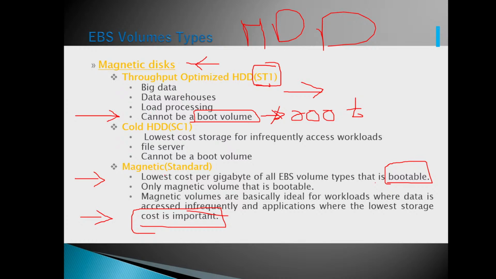Inside that there are three categories. Throughput optimized is used where you're dealing with a huge amount of data. In those cases you should use it. These two devices will be used as external volumes where you are going to keep the user data. Got it?